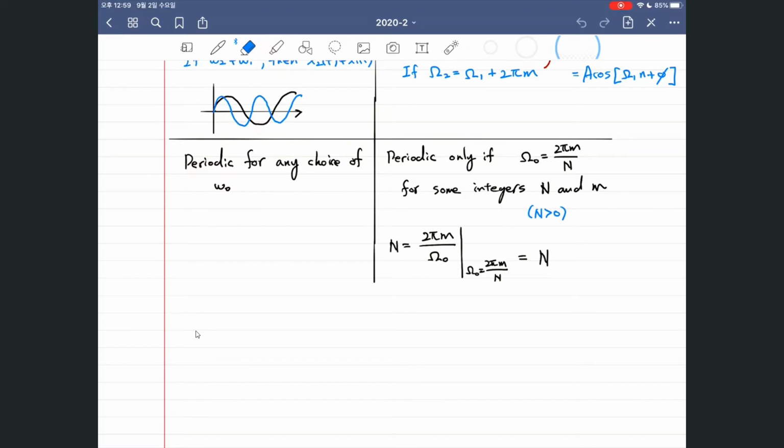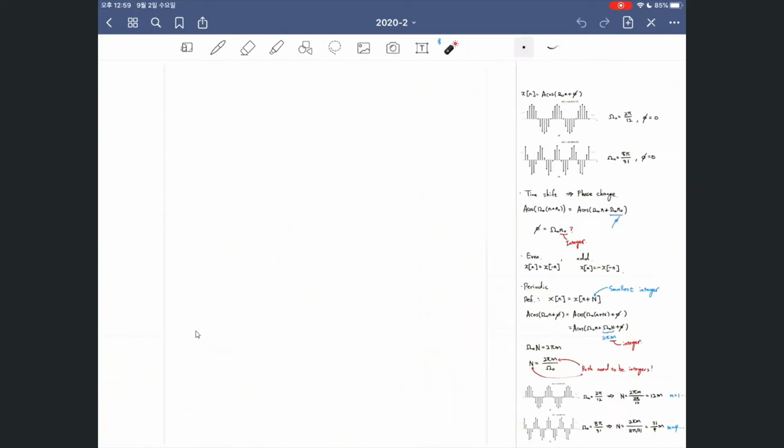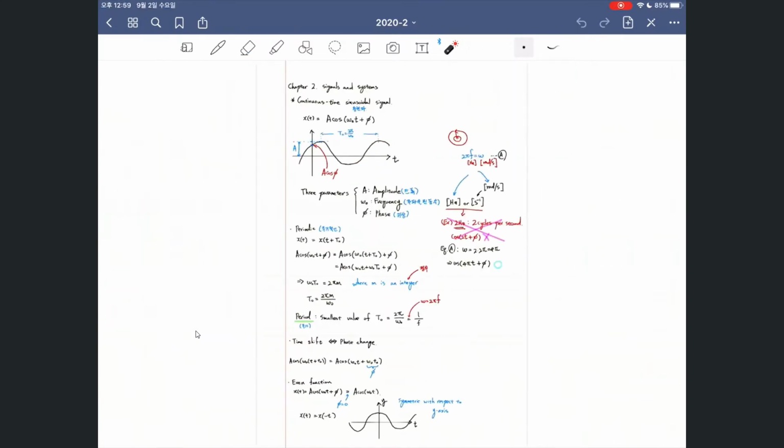Okay, now we are dealing with chapter 2, and in the previous lecture we have studied the sinusoidal signal in both continuous time and discrete time.